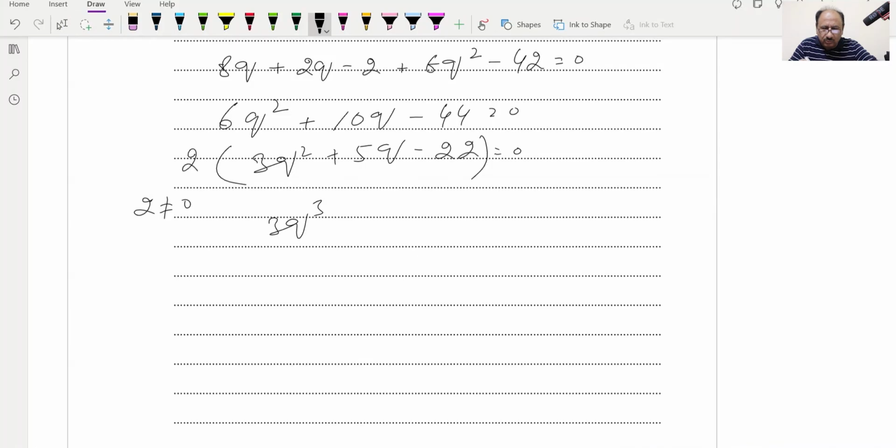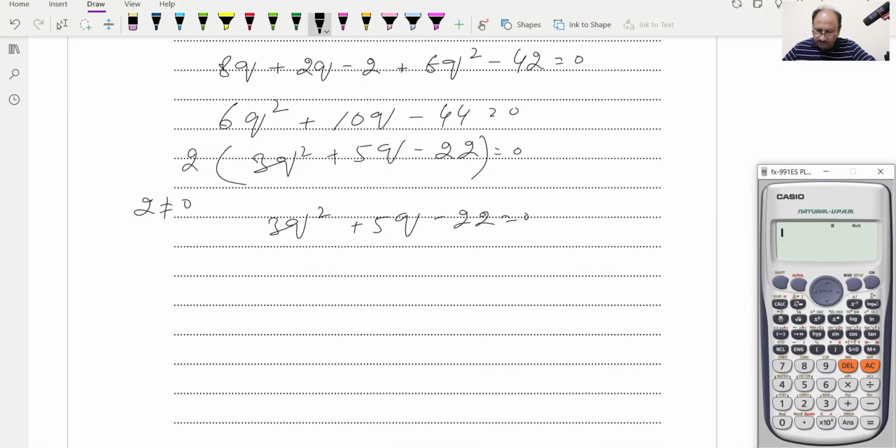This is a quadratic equation in terms of q, and we can use mode 5 3: 3, then 5, then minus 22, and the roots are 2 and minus 11 over 3.